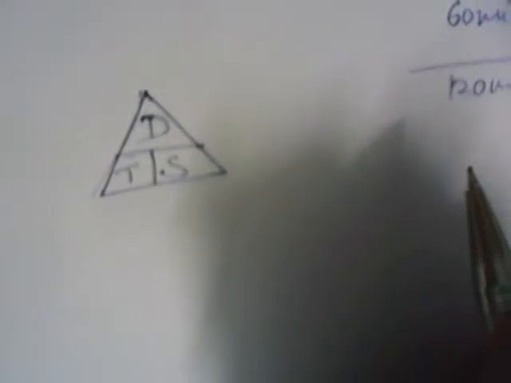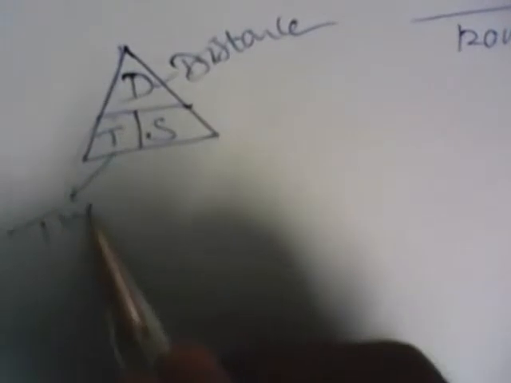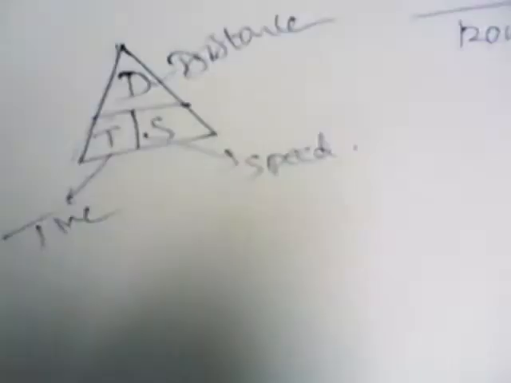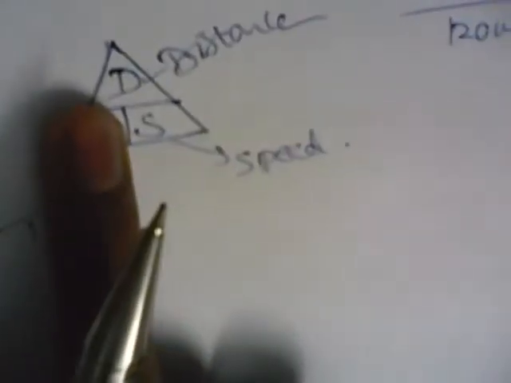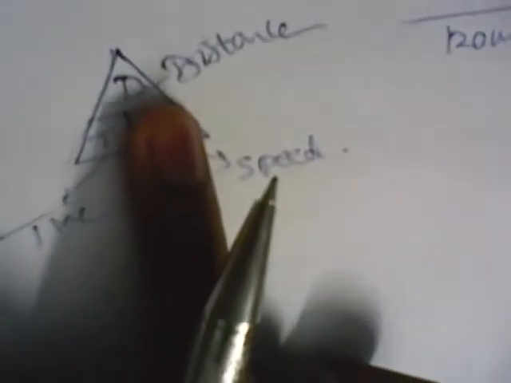It's fun, and you can remember it easily by taking this magic triangle. It will reveal the formula for distance, time, and speed. Here D means distance, T means time, and S means speed. The formula for distance is time times speed. The formula for time is distance over speed. The formula for speed is distance over time.